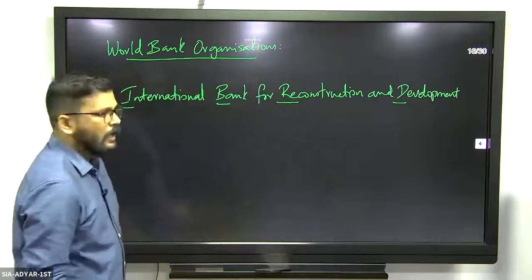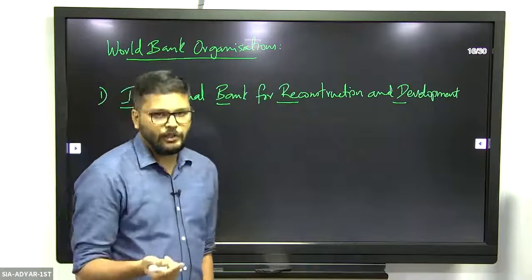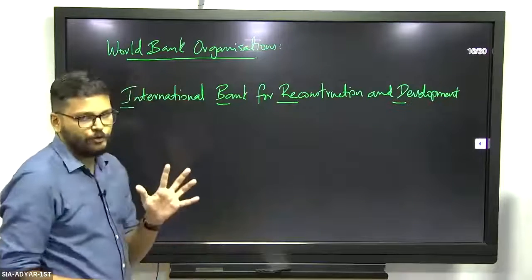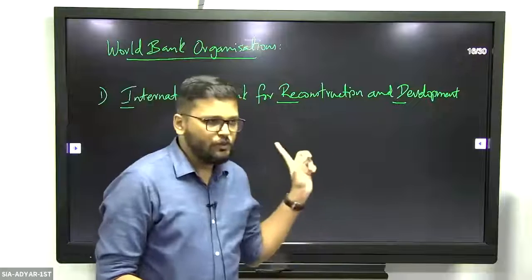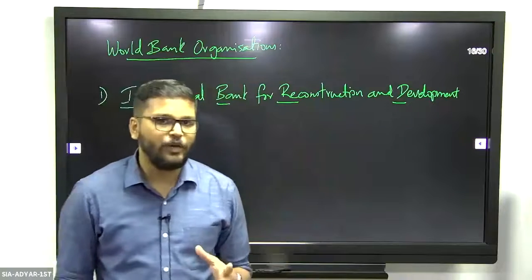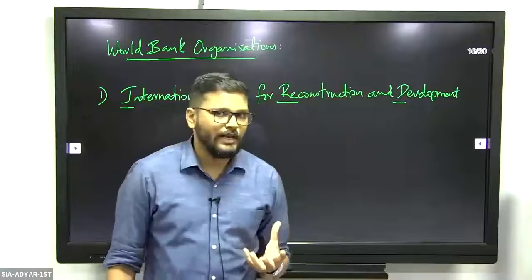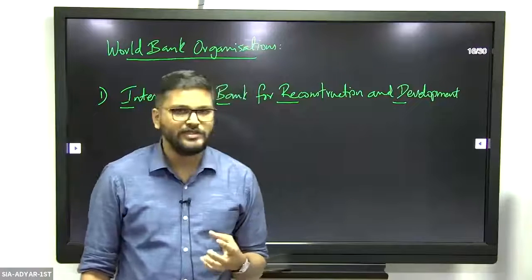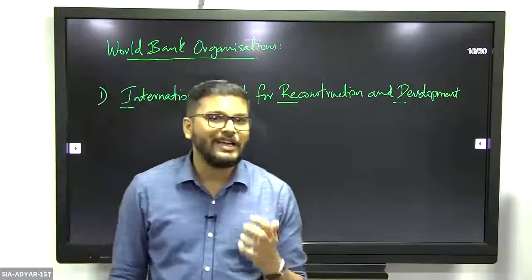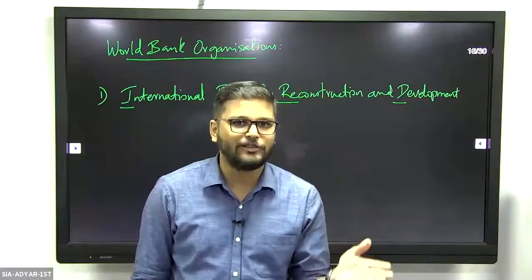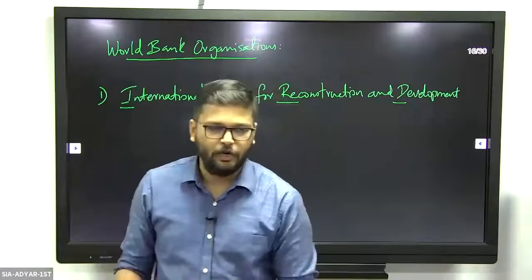Okay. So this was the first organization to be set up. The World Bank organization is a group of 5 institutions, out of which this was the first one to be set up in 1944 in the aftermath of the Second World War. After the First World War, they had set up a group of institutions, but it was realized that those institutions and that particular treaty is what led to the Second World War itself, because they were trying to isolate Germany and the responsibility of the war was given on them.